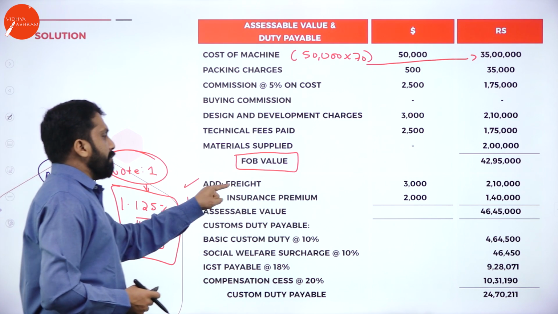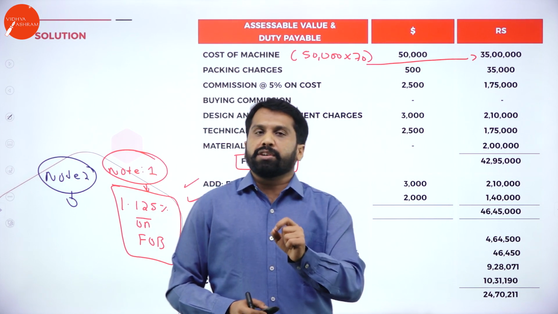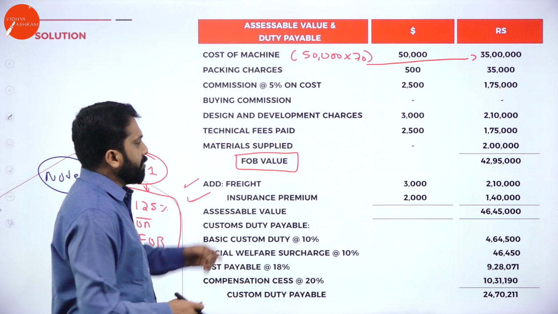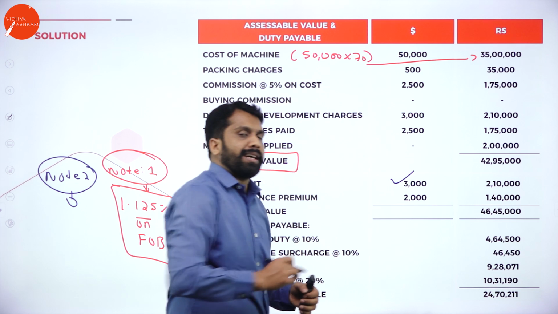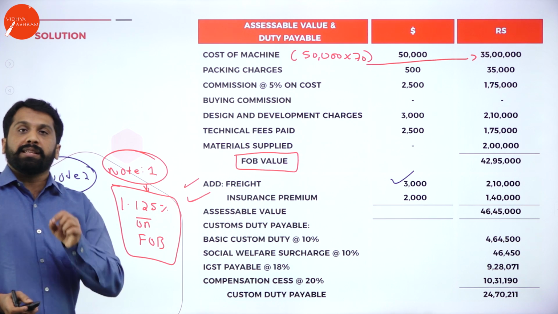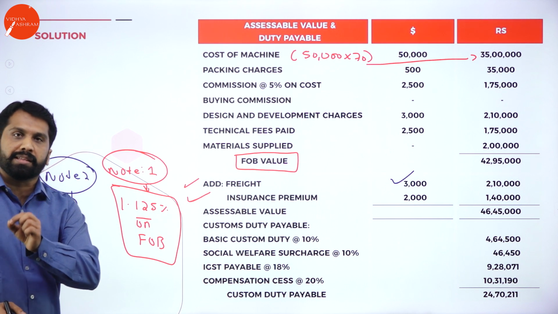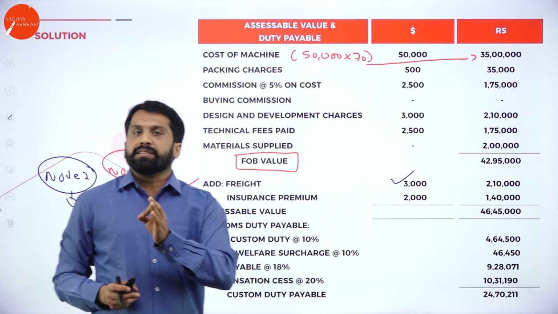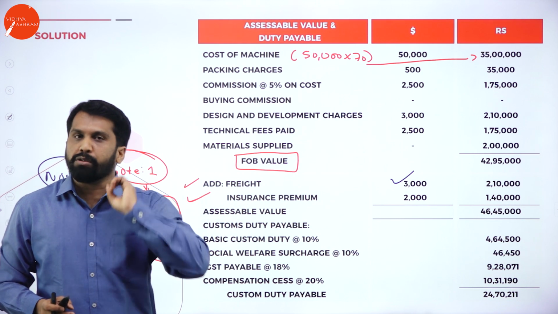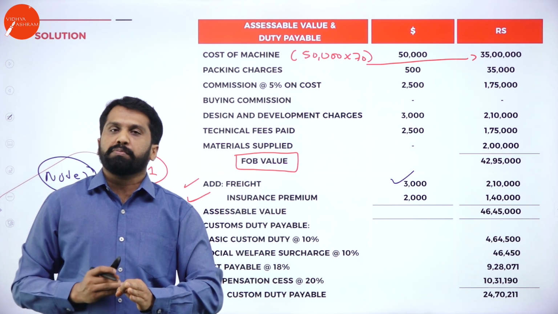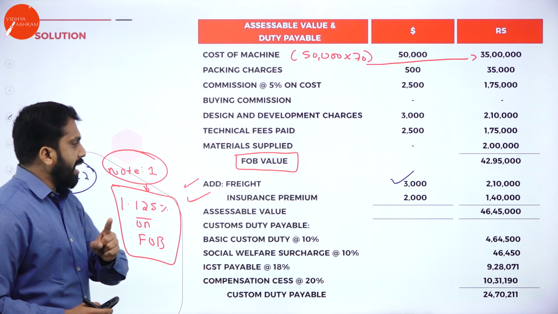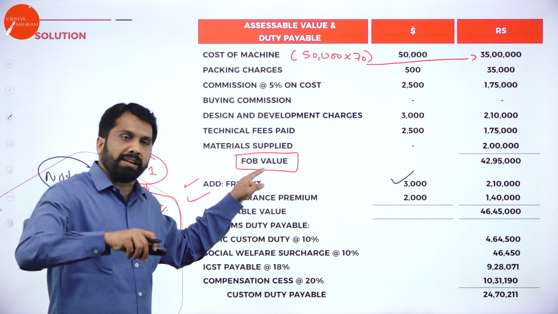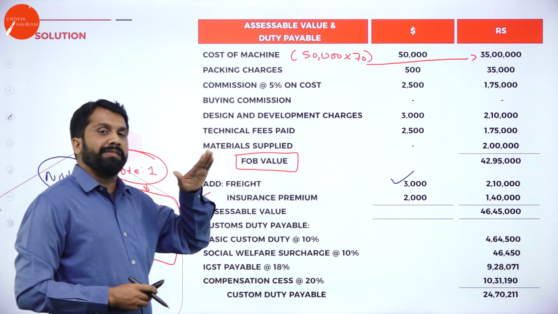The freight charges. In the question paper, if they have given freight charges, whatever amount is given, you have to consider. But if in the question paper they have mentioned that the freight is by air, meaning it is transported with the help of aeroplane, then remember, you have to take 20% of FOB or the actual given, whichever is less.